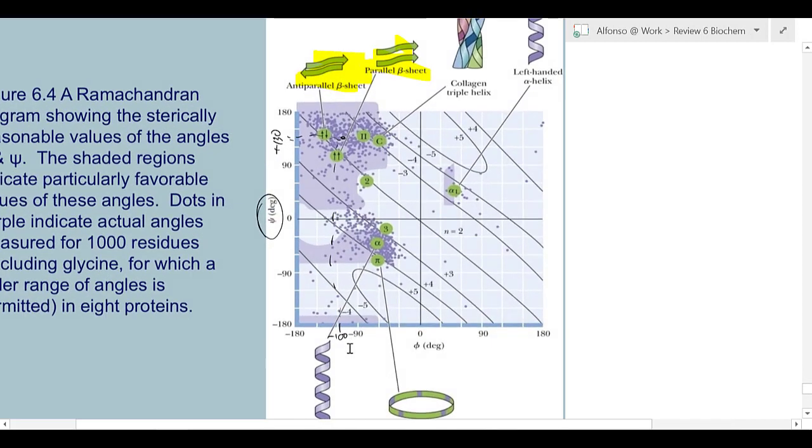Anti-parallel beta sheets and parallel beta sheets. So maybe it's too small for you to see. What does it say at the bottom? Is that 100? Yeah, so that's 100 right there.